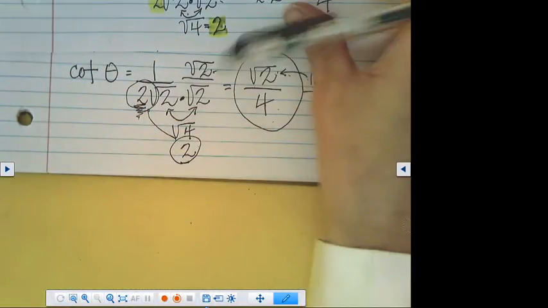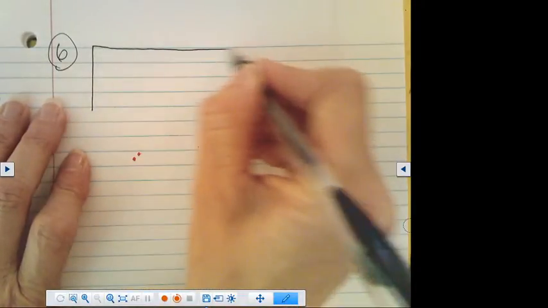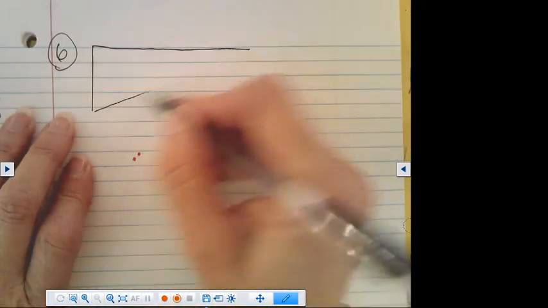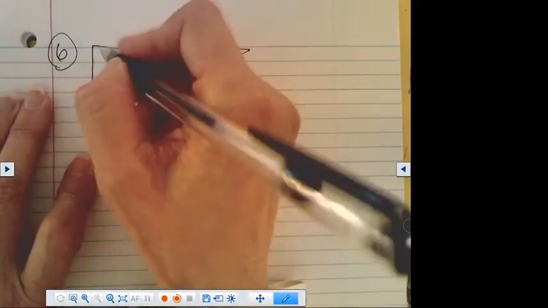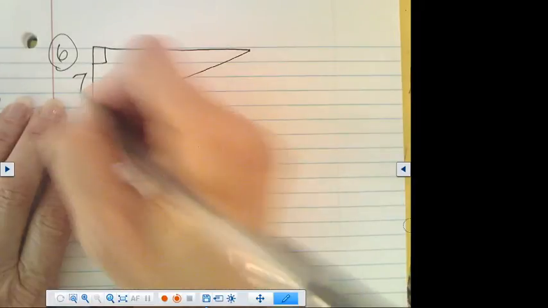Let's do another one with radicals. Look at number 6 for me. It's not going to be so bad once you've done a few of these. All right? Okay, let's draw the triangle for starters. And I'm going to go ahead and rotate it so that it runs horizontal with my paper. So short leg is 7.